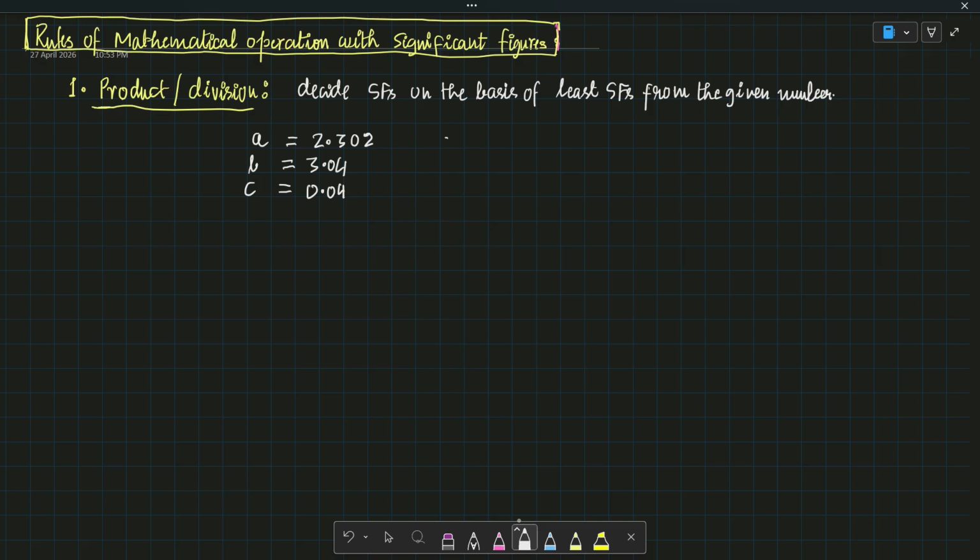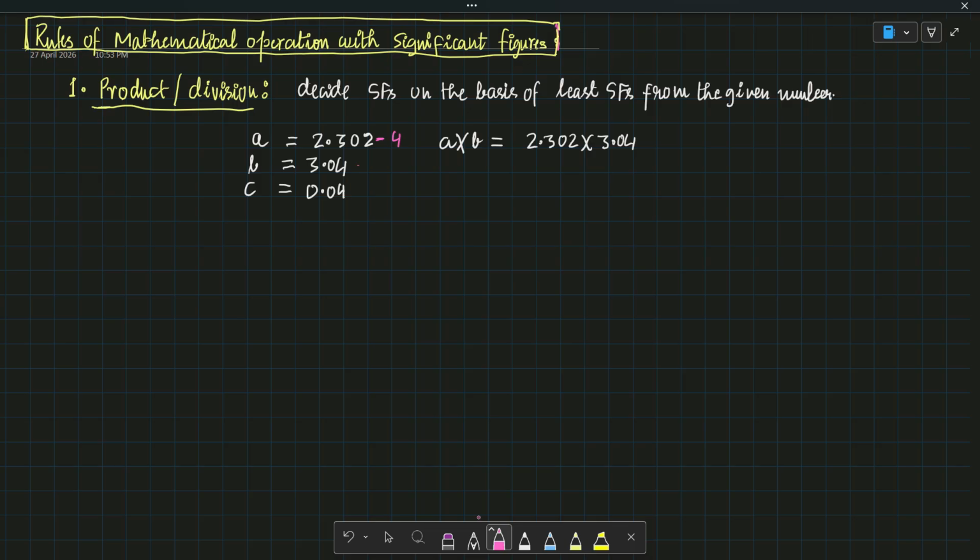If somebody asks what is the multiplication of a and b, what will you do? We'll do normal multiplication, 2.302 multiplied by 3.04, and we already know that the significant figure for this is 4.